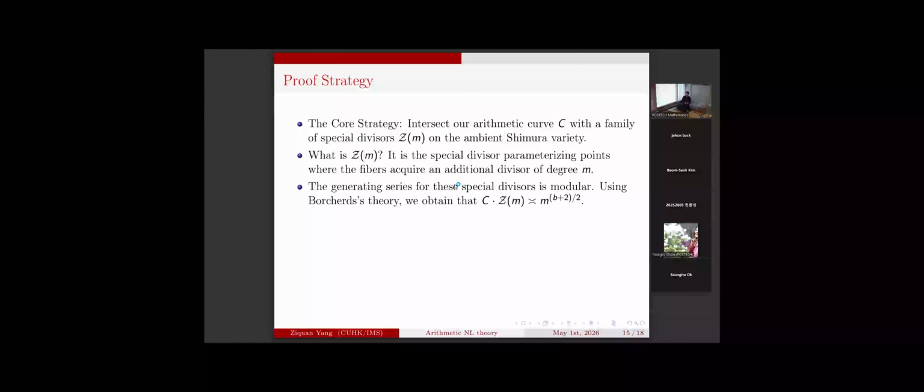Well, you can estimate the growth rate of the Fourier coefficients, and this will tell you that this global intersection number grows at a rate of m to the exponent (b+2)/2 minus something. But why this becomes modular? This is some deep theorem by a lot of people.